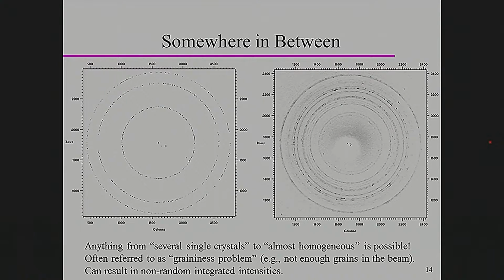Now, this is something that we as powder people call a graininess problem. Okay, we don't have enough grains in the beam to get a nice powder ring. We only have certain orientations. Now that can actually cause trouble, okay? Especially on instruments where you don't collect data in 2 dimensions like on this slide, but where you collect data in 1 dimension.